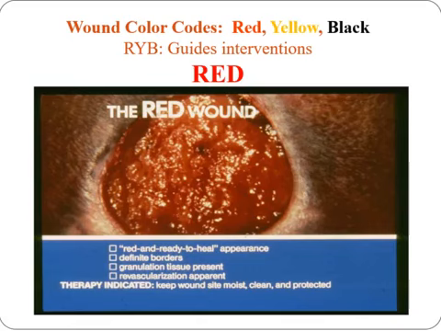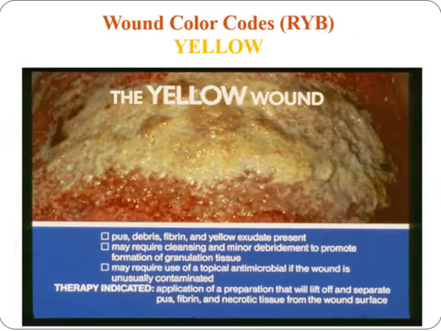Granulation is like the brand new tissue cells of the skin as it's starting to heal. Revascularization apparent. So this looks like a really nice, clean, healthy wound, right? It's nice and red and beefy. So in this case, we want to make sure that we're keeping the wound site clean and moist and protected. We want to help continue that wound healing that's happening.